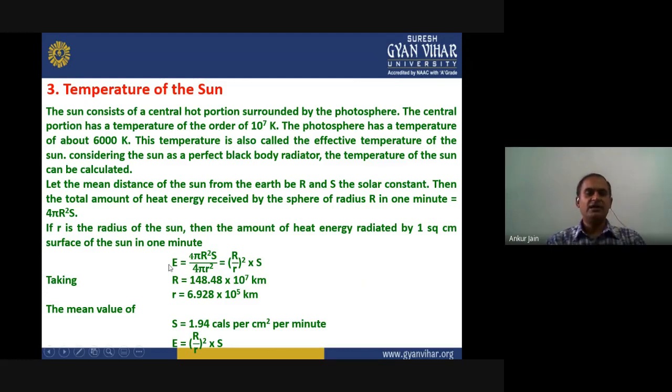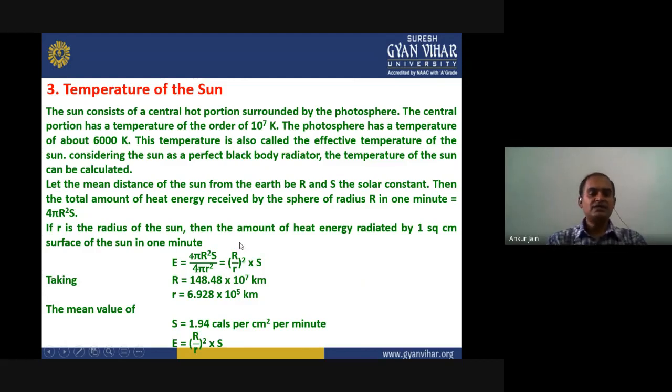So we can divide it and we will find the value of that heat energy. E equals 4 pi R square into S divided by 4 pi small r square. You can see here, if we adjust this, 4 pi will cancel out, and we get E equals R upon small r to the power 2 into S. Now we will see, we know these values.